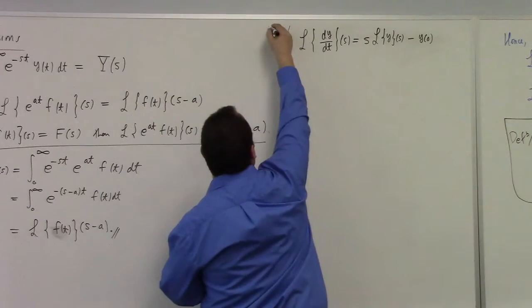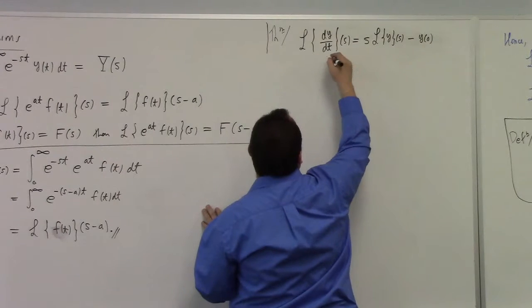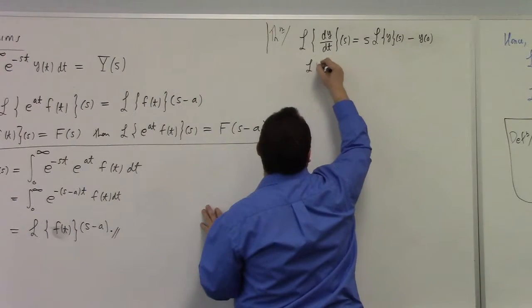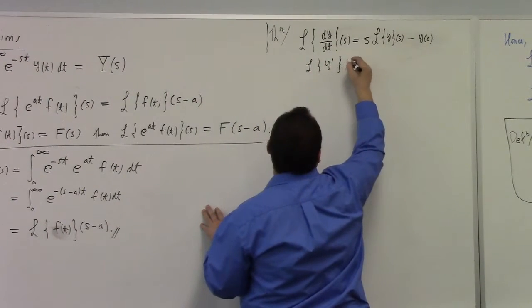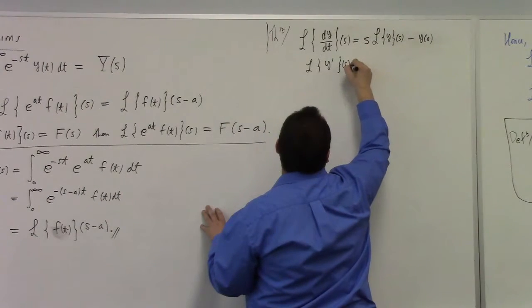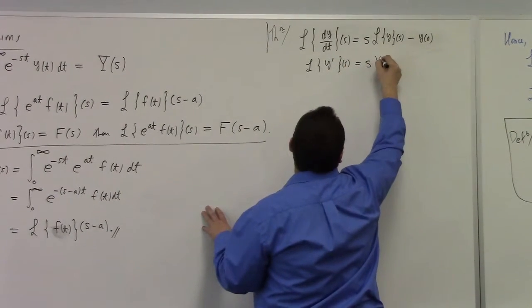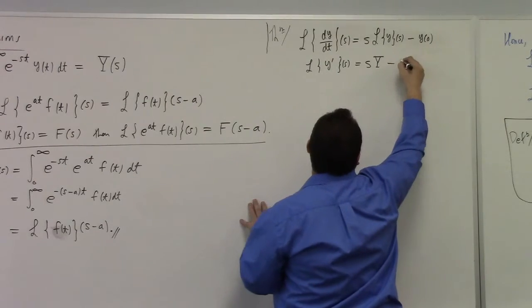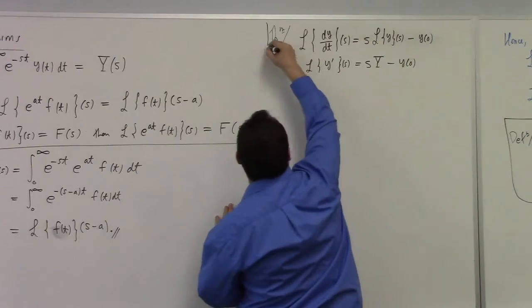Or, in other words, the Laplace transform of y prime is equal to s times big Y minus y of 0 in the other notation.